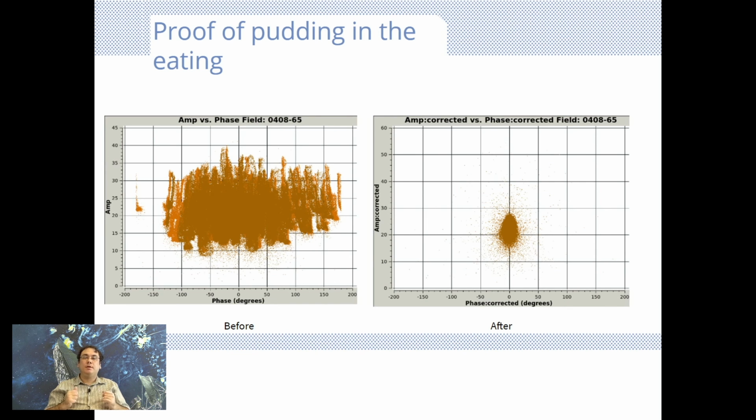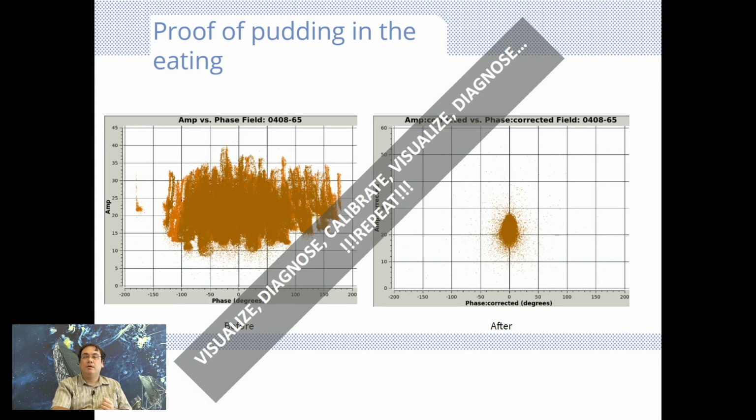Modulo some noise. Now, in the uncalibrated visibilities, you can see that the spread is huge. We do not expect this for a point-like source. However, if we have calibrated our system successfully, then we will see a much more compact phase ball, as we refer to it colloquially. So the key is to visualize and diagnose.